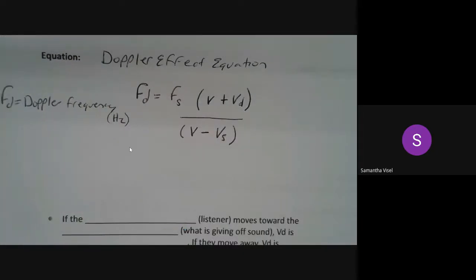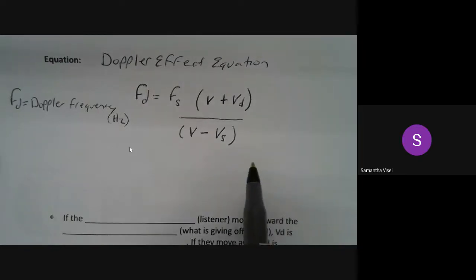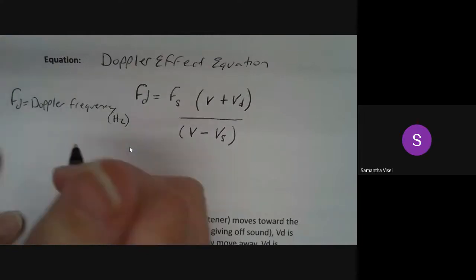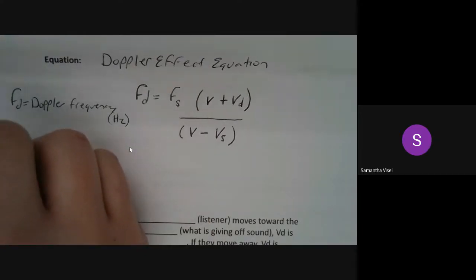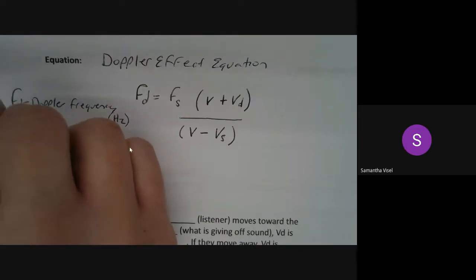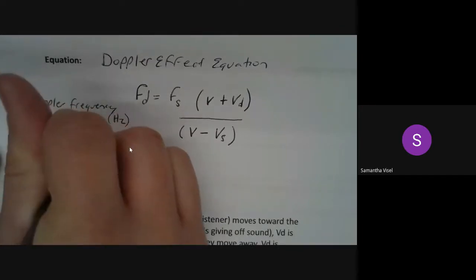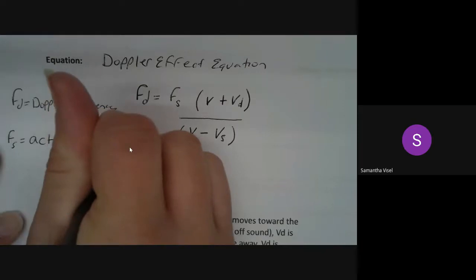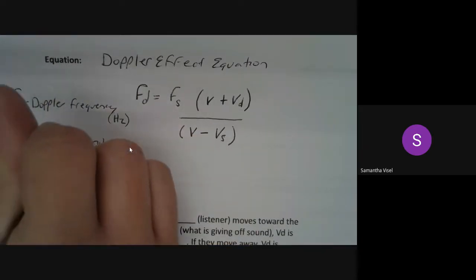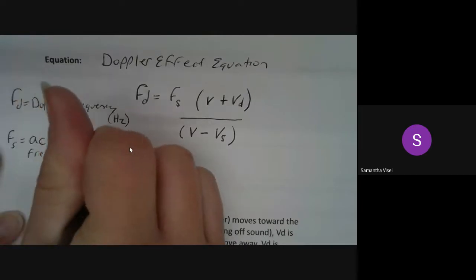So what do we perceive the sound to be? Higher or lower pitch than what it actually is. F subscript S is the actual sound source frequency. That is also measured in hertz.